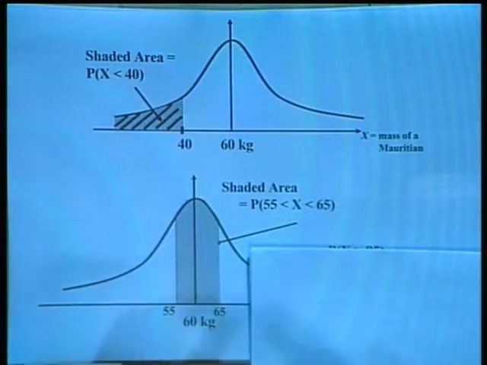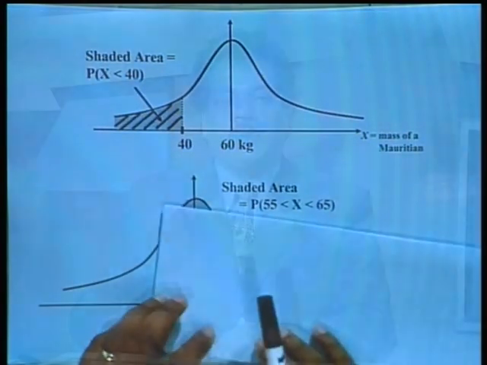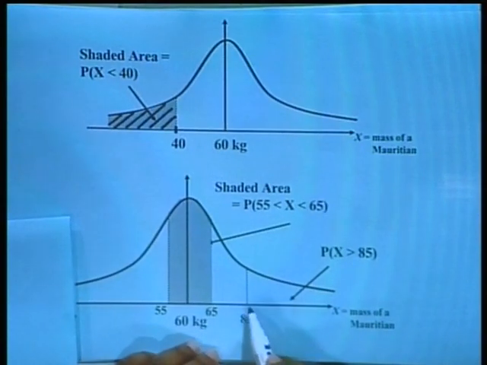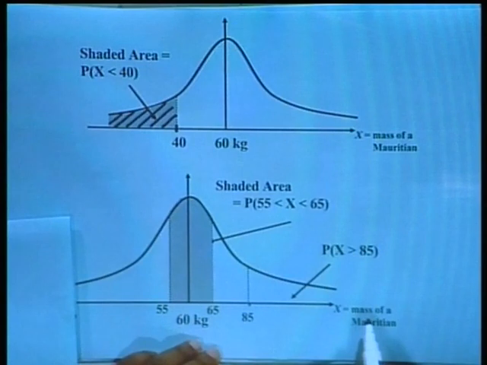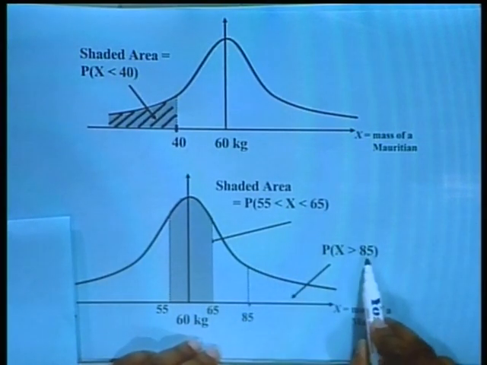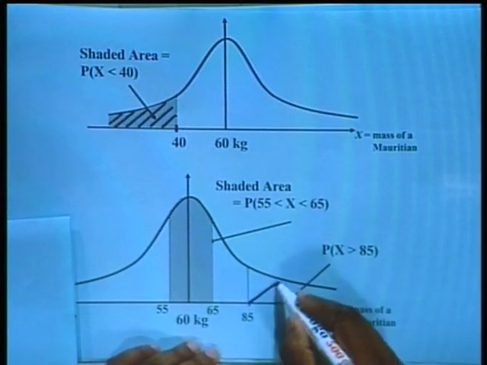Now, suppose that you had to find the probability that a Mauritian chosen at random had a mass of 85 kilograms or more. How would you be doing that? You would be, first of all, locating 85 kilograms on the axis representing the mass of a Mauritian, and then shading the area representing 85 or more.